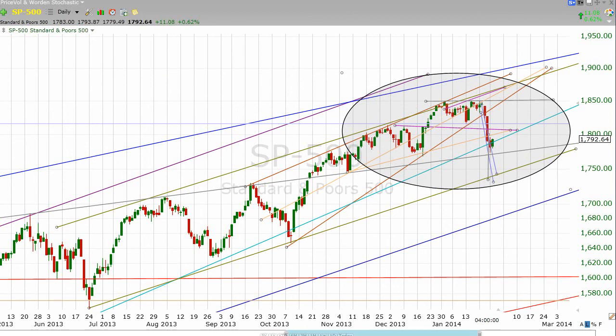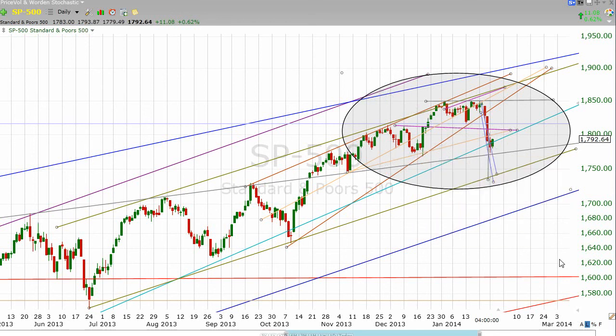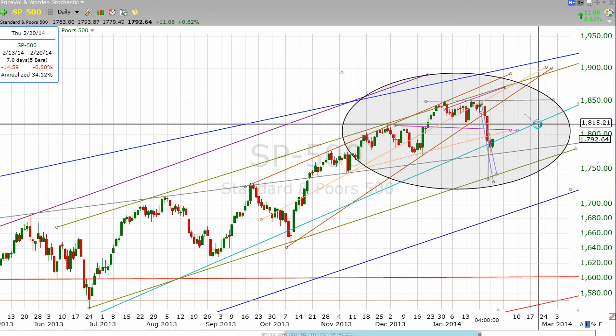And if this were the case, then we would have our neckline established by the lows here in the week of the 16th of December, and then the low that we hit just yesterday. So if we rally up but fail to meet a new high, let's say we rally up to this light blue line right here, which is currently at, let's call it 1817, 1818, 1815, something around there.